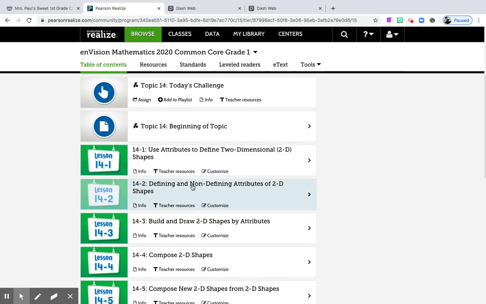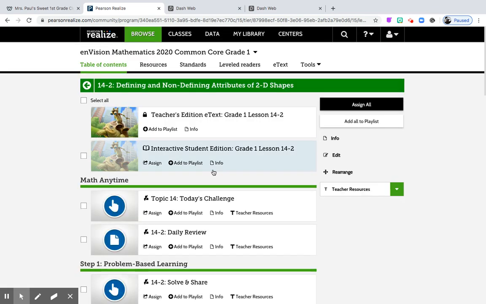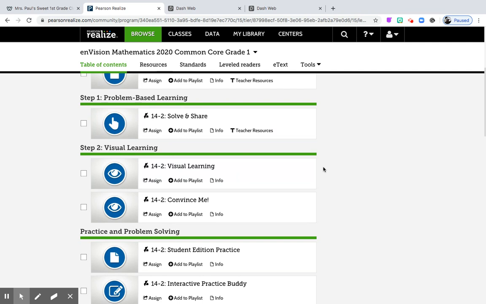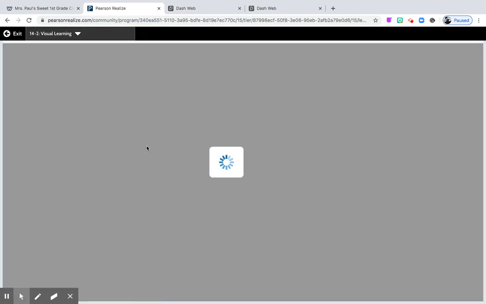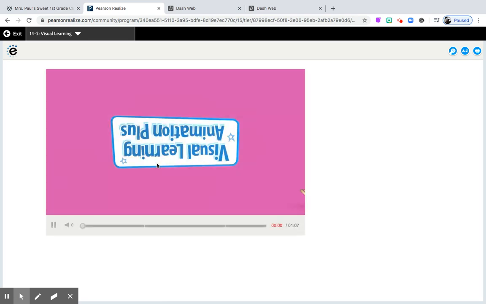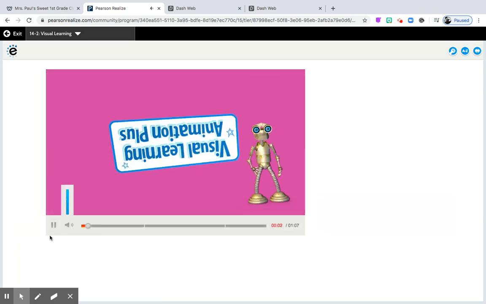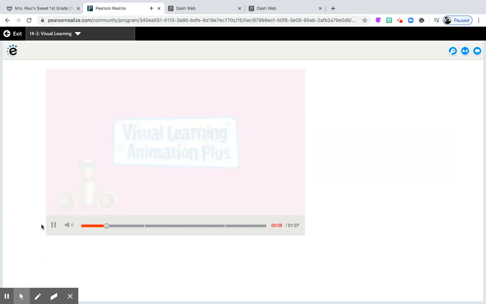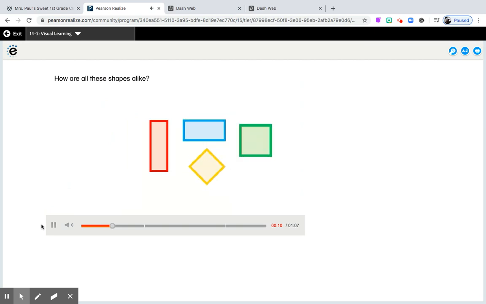Now we're going to take a look at non-defining attributes. Attributes are details about a shape. How are all these shapes alike?